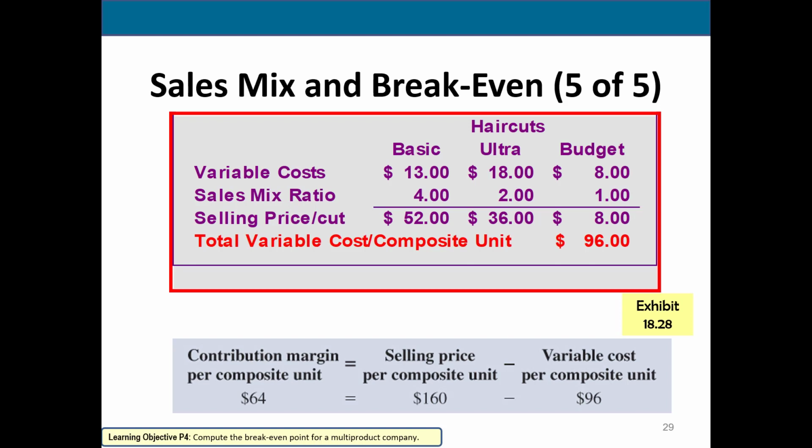So down in the lower portion, you can see the contribution margin per unit is the composite selling price, 160, minus the composite variable cost of 96. So the contribution margin per composite unit is 64.